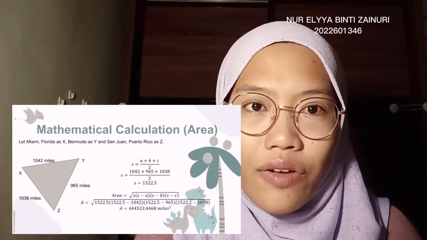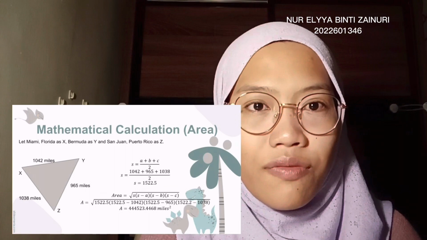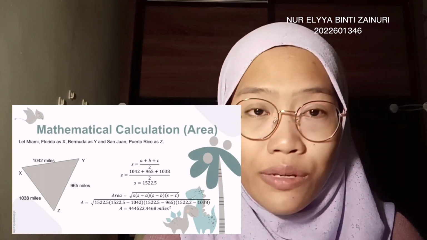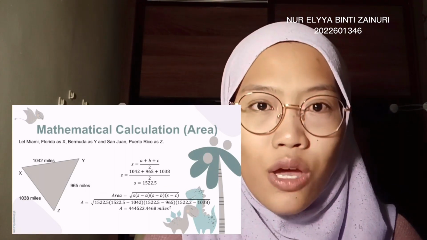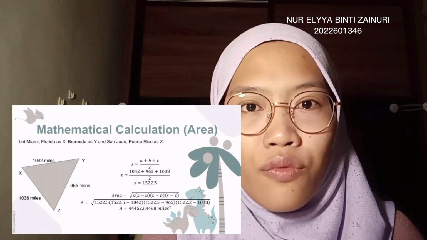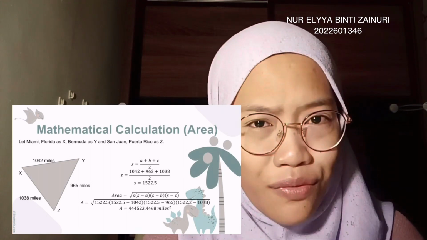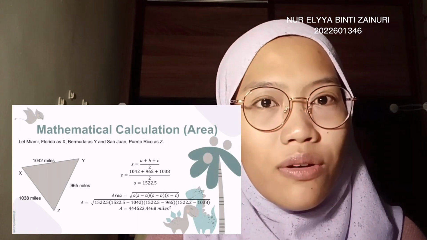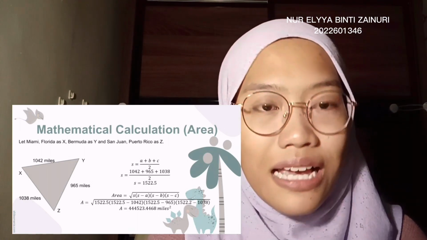Therefore, the area is the square root of S times S minus A, S minus B, S minus C. Put in all the information and the answer will be 444,523.4468 square miles.